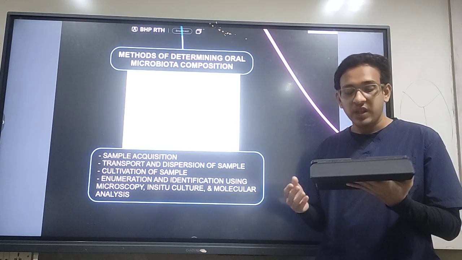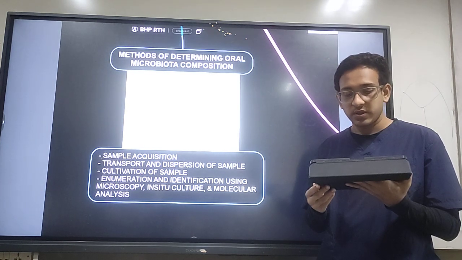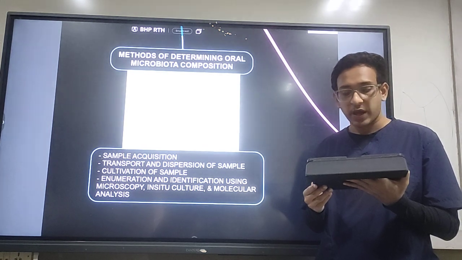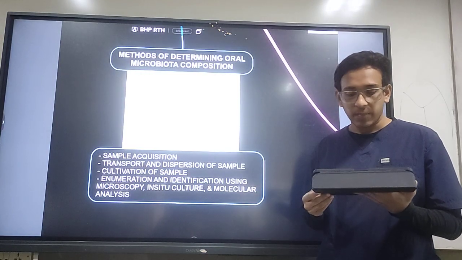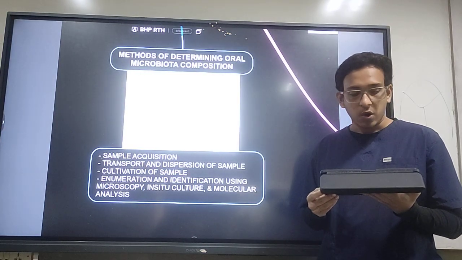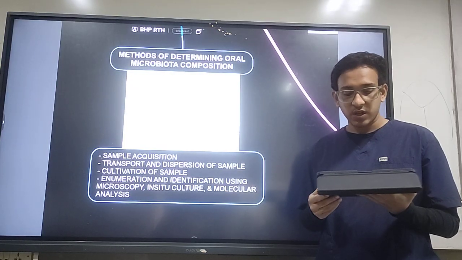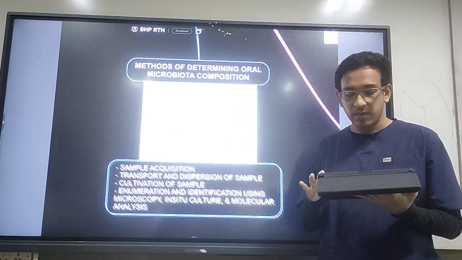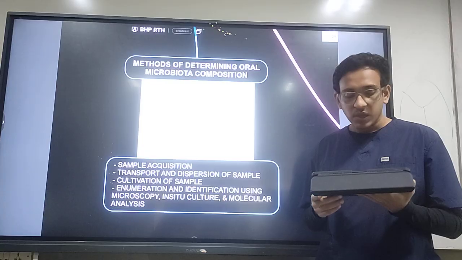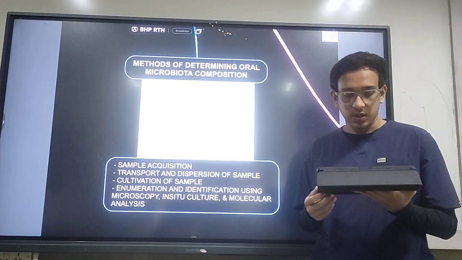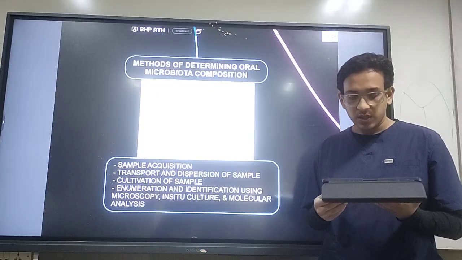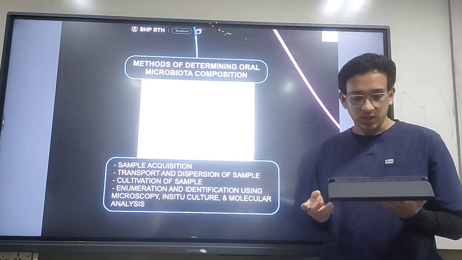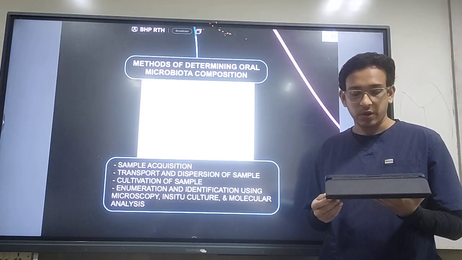Culture methods require the growth of microorganisms on non-selective and selective agar plates under appropriate conditions. Only 50 to 70% of the oral microbiota can be cultured, whereas in molecular methods, metagenomic approaches enable the detection of both culturable and non-culturable microorganisms.